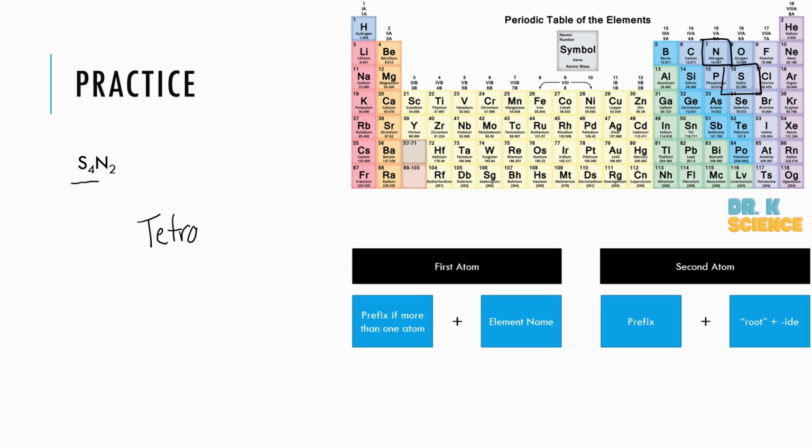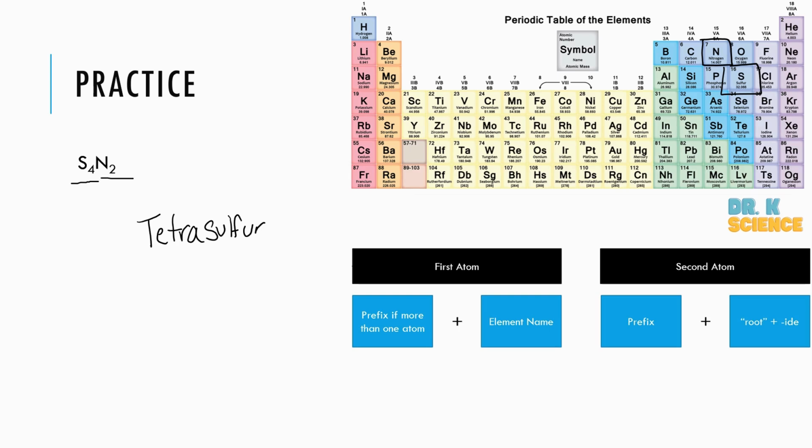Now this is all one word. So tetra plus the element name, that is all one word. So our first word is tetrasulfur. We don't change anything about the element name for the first one. We're going to do a space, and now we're moving on to our second atom. Our second atom always gets a prefix, and in this case there are 2 nitrogens.